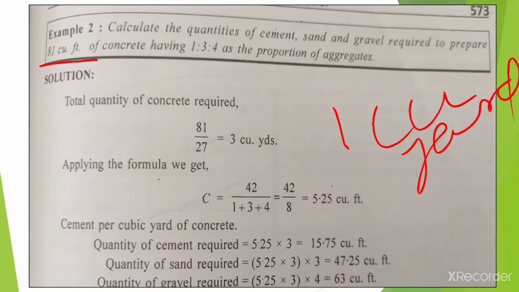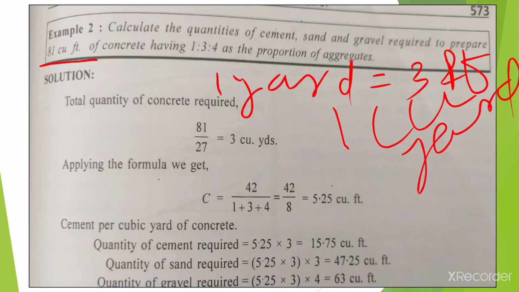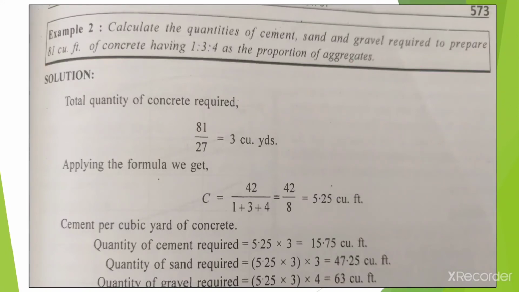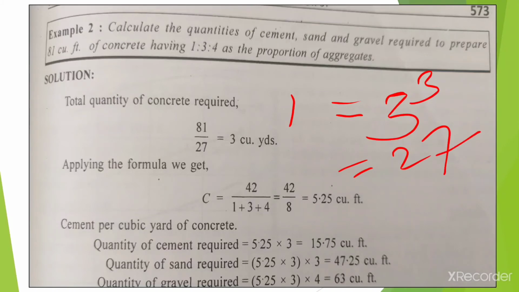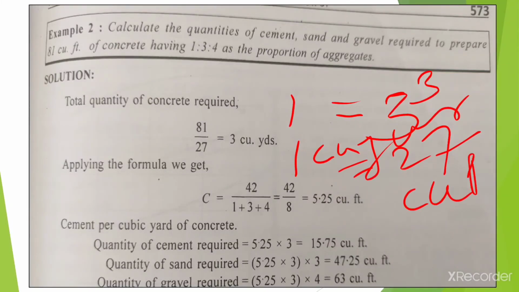So as we know that 1 yard is equal to 3 feet, 1 cubic yard is equal to the cube of 3, which is 27 cubic feet.